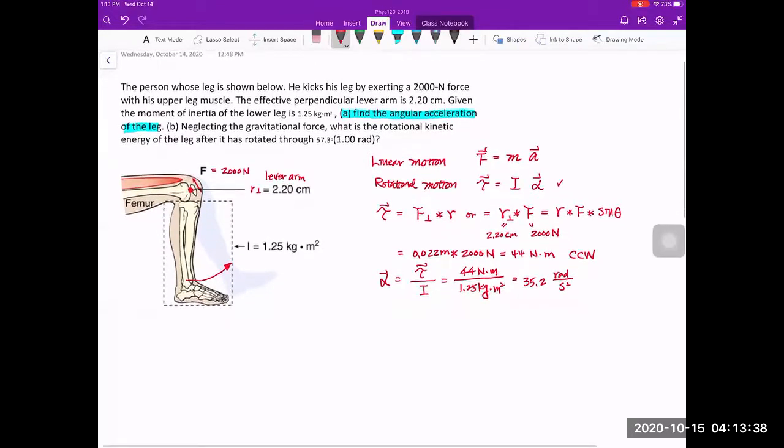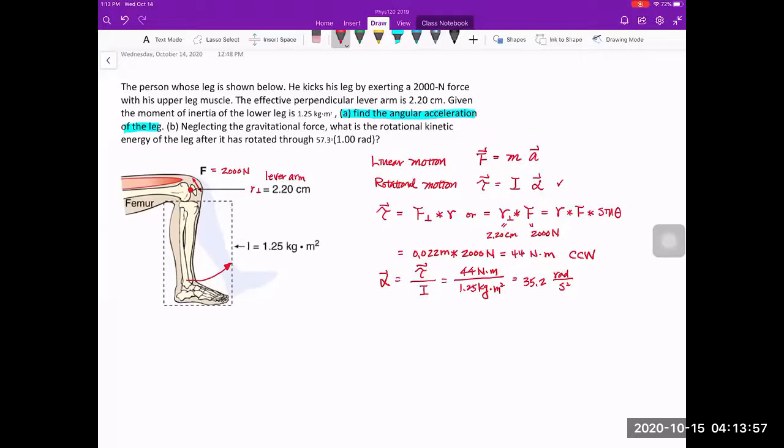The second part of the question asks about the rotational kinetic energy after it goes through a certain angle. So how do we find the energy of this?